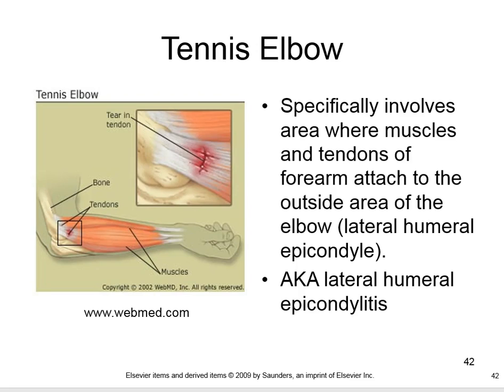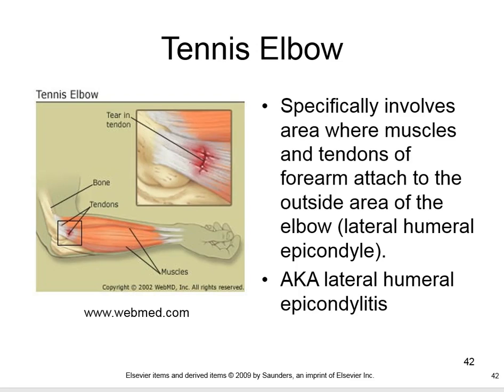Now, the next one is tennis elbow. Specifically involve the areas where muscles and tendons of the forearm attach to the outside area of the elbow, which is the lateral humeral epicondyle. So this is also known as lateral humeral epicondylitis. Okay. This mostly affects the dominant arm.